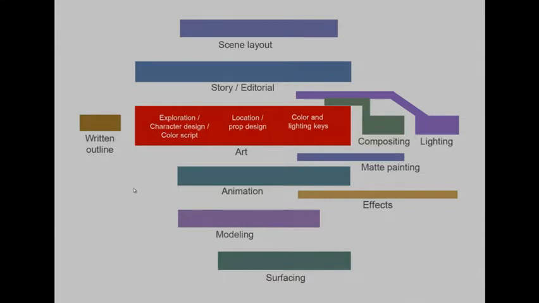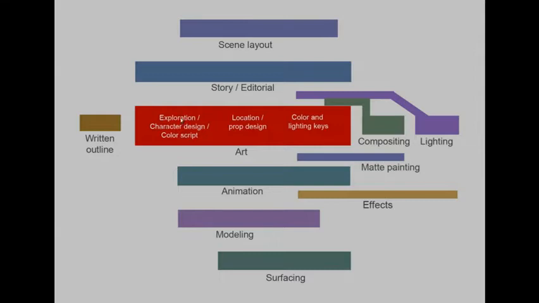And so in the art department, we read the script, we identify who the characters are, what the locations are, and then we start to do exploratory sketches, paintings, and roughs to feel out how this project will look.